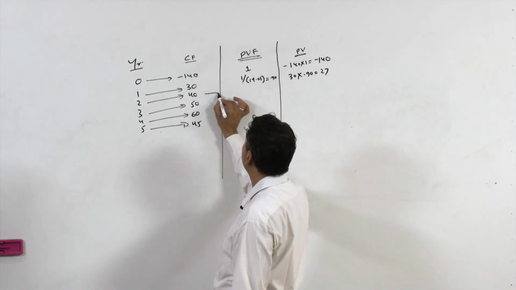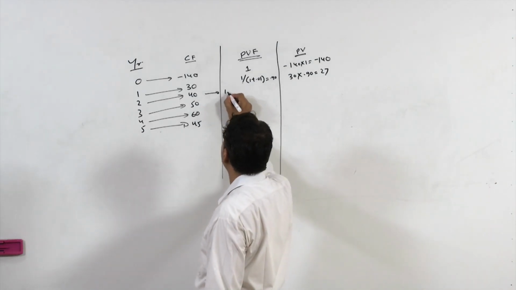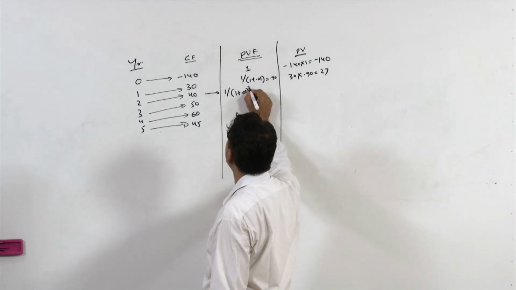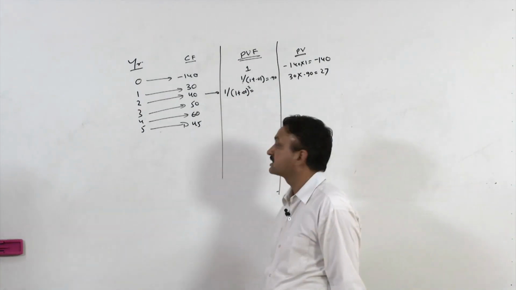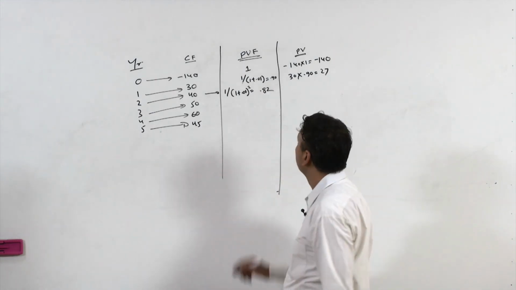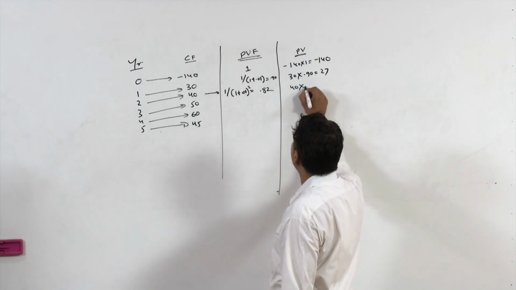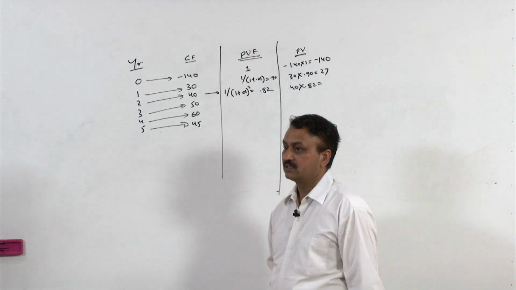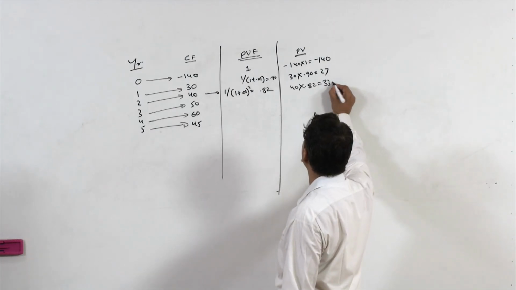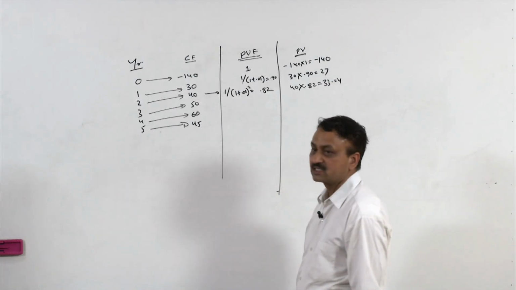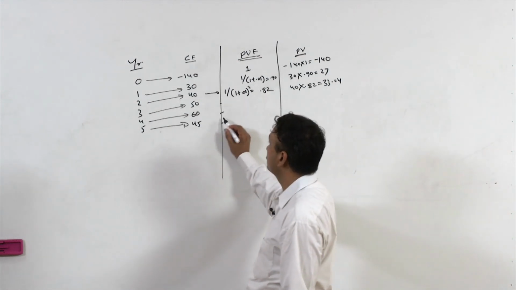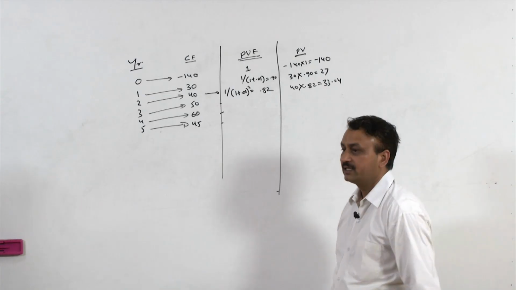For the second year, it would be 1 divided by 1 plus 0.1 squared, which becomes 0.82, and 40 into 0.82 becomes 33.04. Similarly for the third, fourth and fifth year. You can do it for the third and fourth year; let me do it for the fifth year.